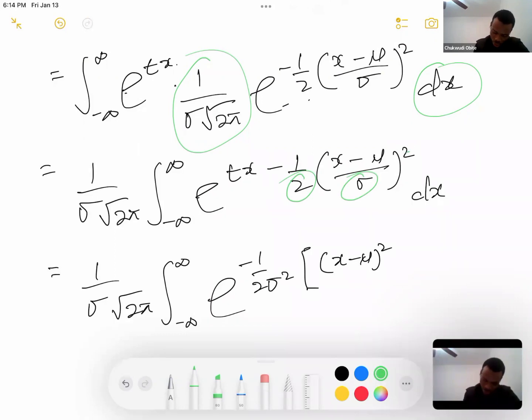I want to do the same to the first function, which is tx. I'm factoring out 1 over 2 sigma squared because I don't have 2 sigma squared here, so I have to multiply it to the first function. So I will have minus 2 sigma squared tx. So that's how it works.